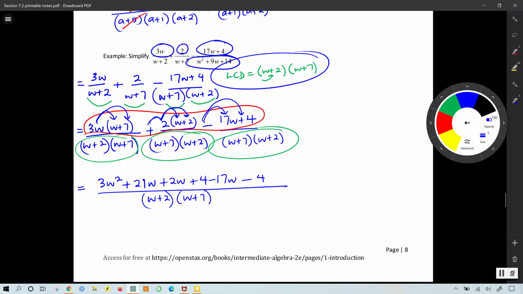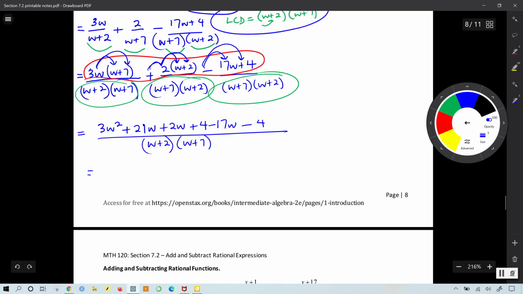And so what we have then is 3w squared. 21 plus 2 is 23. 23 minus 17 is 6w. And then plus w minus 4 is 0. There is no need to write 0. And so you have w plus 2, w plus 7 waiting on the bottom.